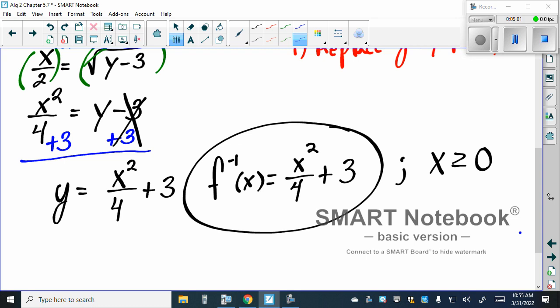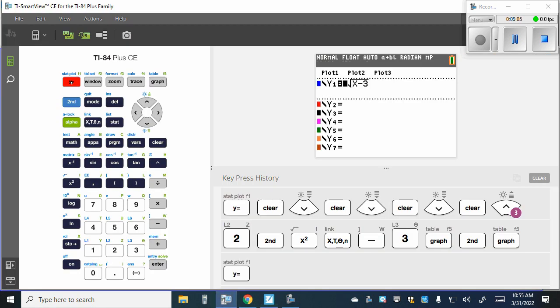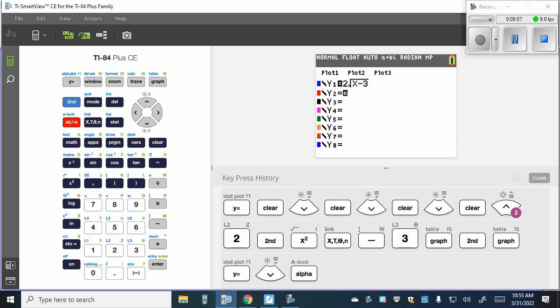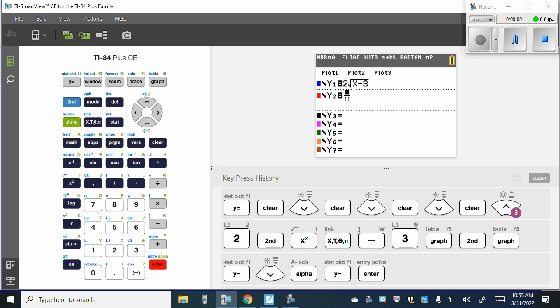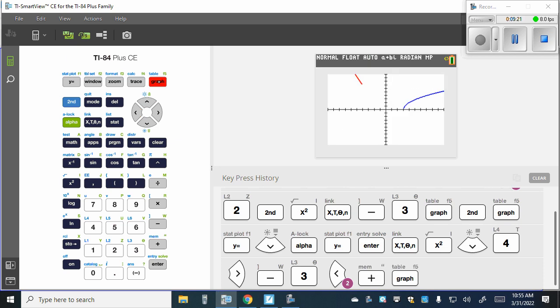Because if I type this in, y equals x squared over 4 plus 3, and I graph it, well, we have this quadratic, yes?